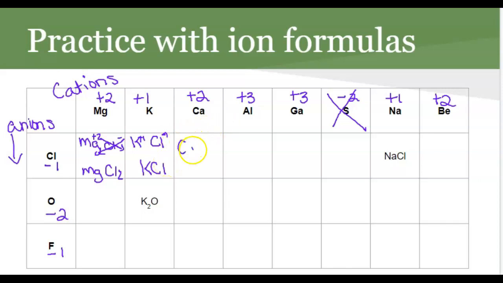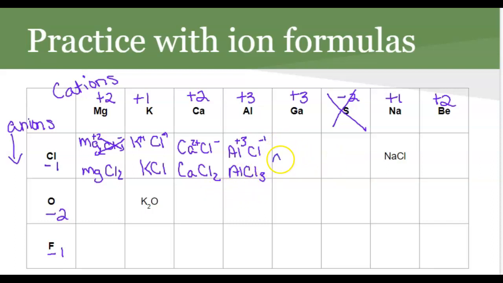So I'm just going to kind of go through and repeat that process. I'm going to need 2 chlorines to balance out the charge of the calcium. In this case, since aluminum is a plus 3 and chlorine is a minus 1, I actually need 3 chlorines to balance it out.